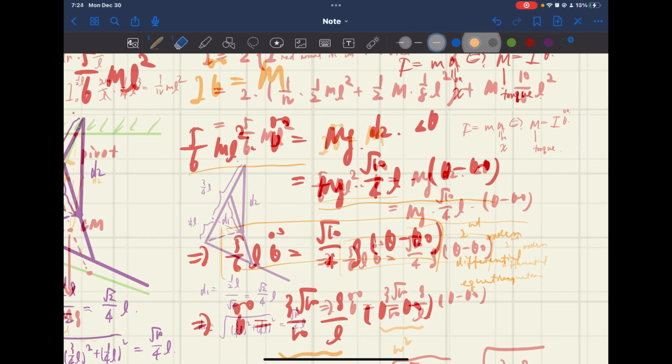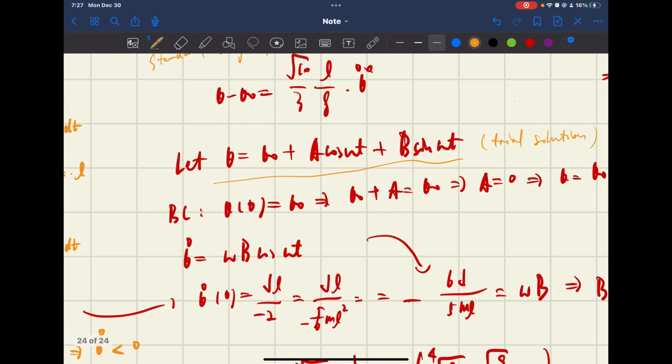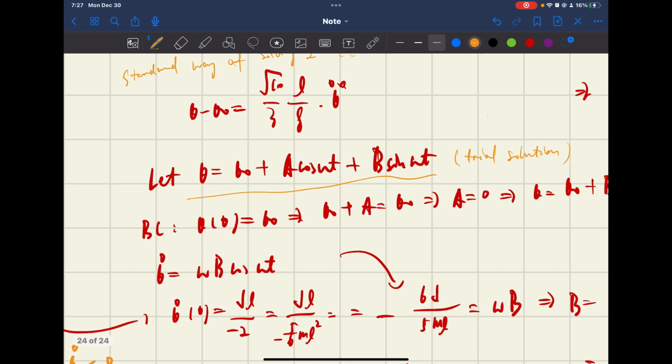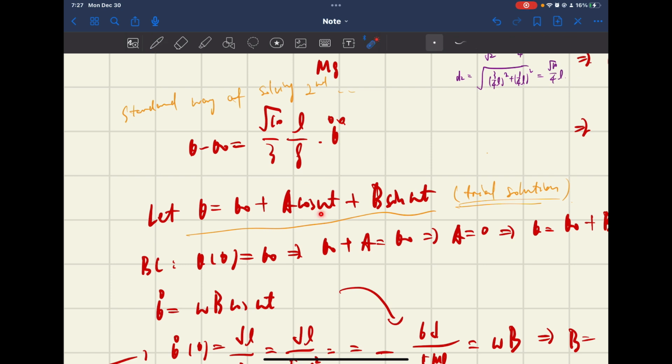Okay, then how should we solve it? The standard way of solving a second order differential equation is to introduce a thing called a trial solution over here. This is the standard way of doing it. Typically, the solution for the equation will contain sinusoidal functions, sometimes both cosine and sine functions.